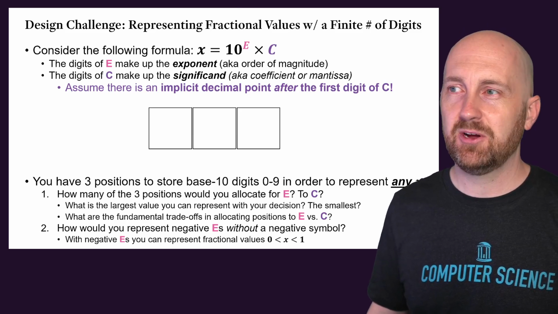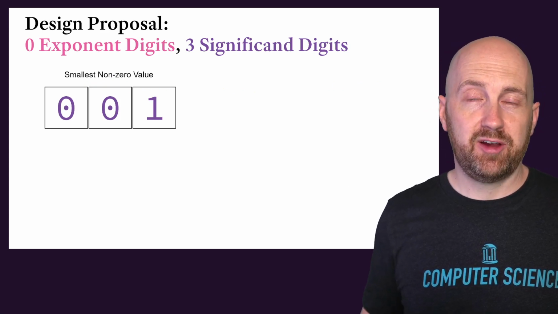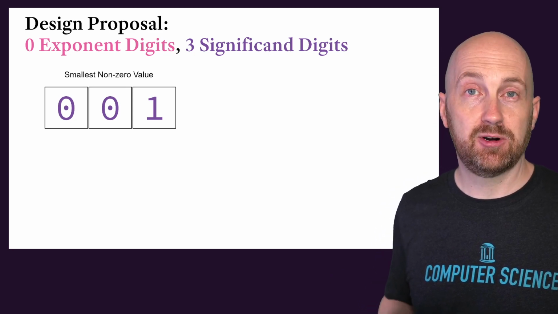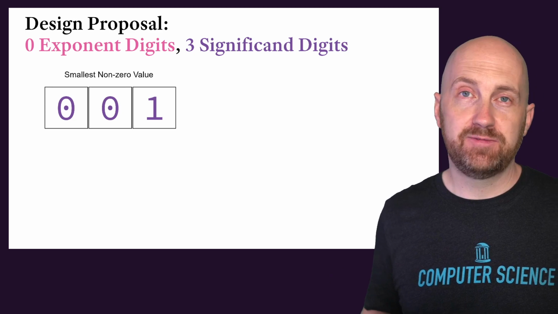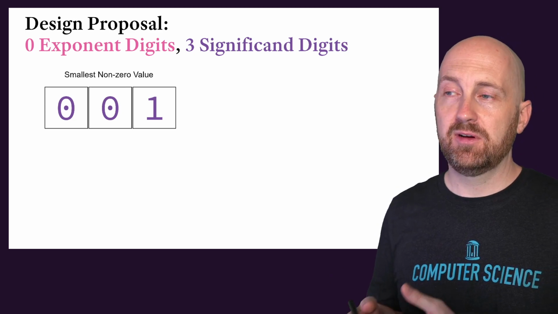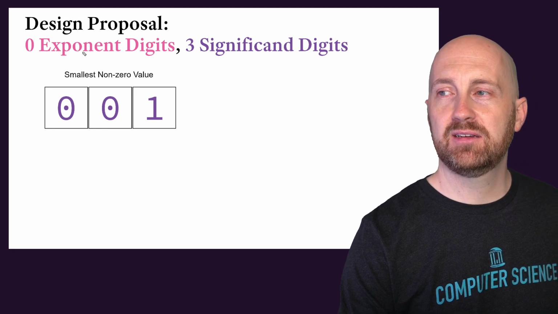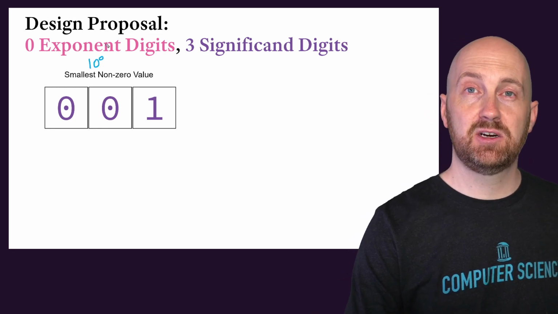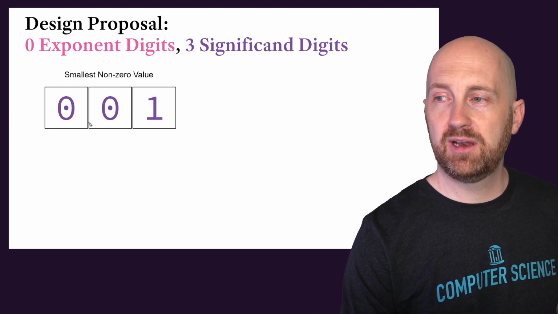All right, so let's talk through a possible design here. What if we chose 0 exponent digits and gave all 3 of our digit budget to our significand, or our significant digits? What that would mean is the smallest non-zero value that we could represent is 0, 0, 1. And because we're assuming that when we use 0 exponent digits, the order of magnitude is 10 to the 0, or 1, we're just going to multiply whatever number we come out with here by 1.